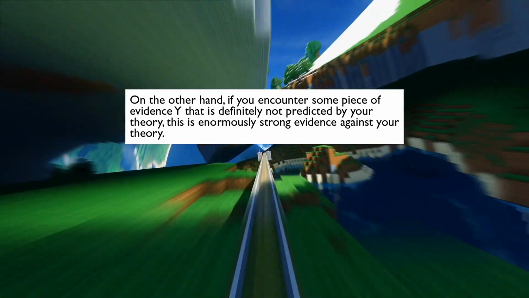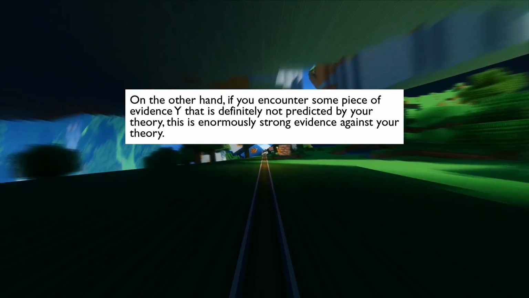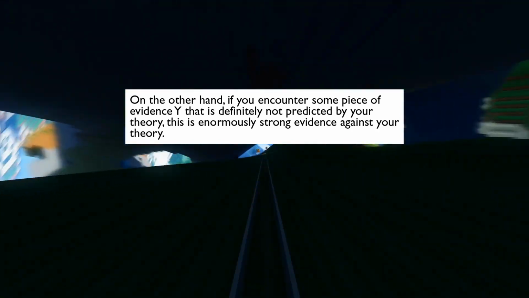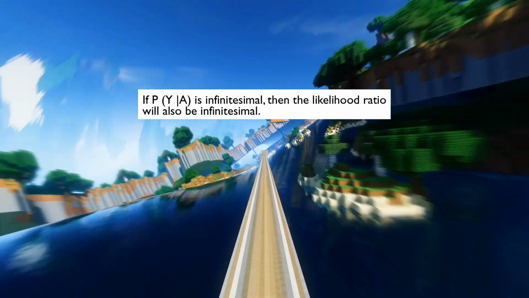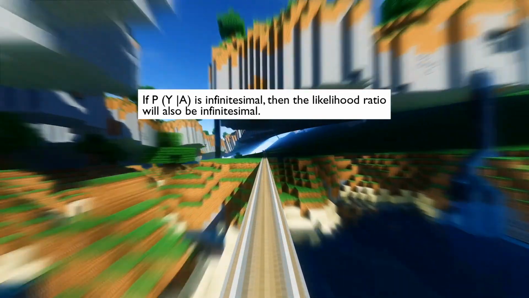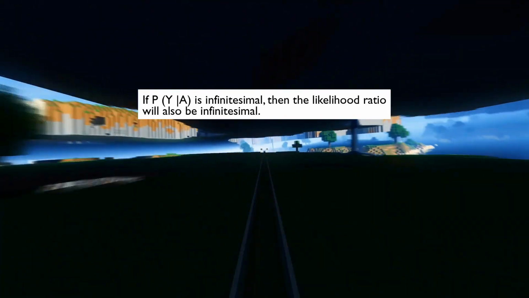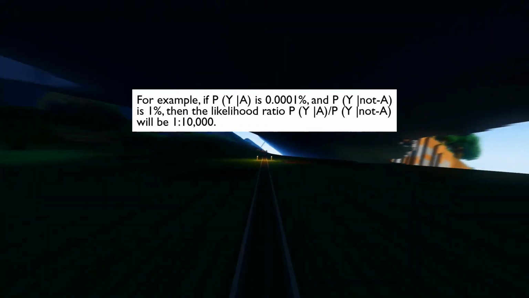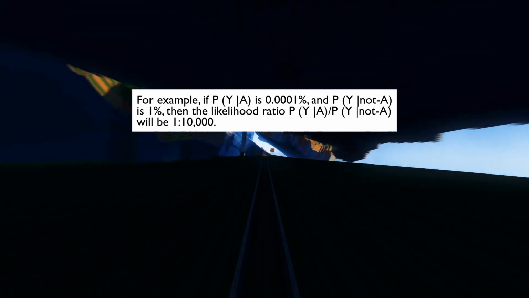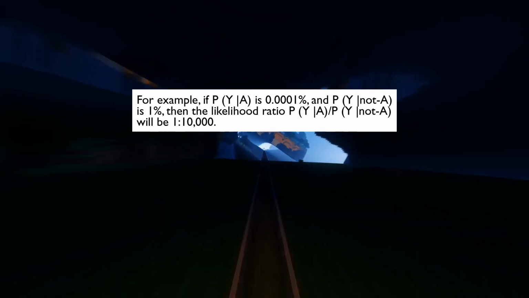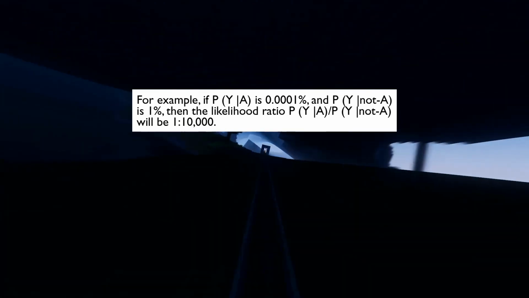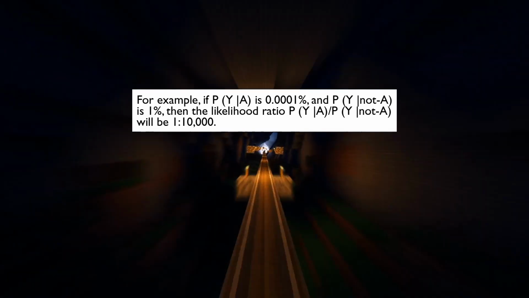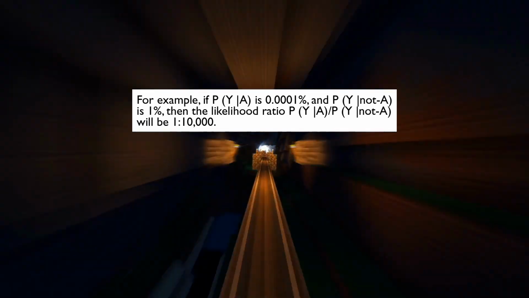On the other hand, if you encounter some piece of evidence Y that is definitely not predicted by your theory, this is enormously strong evidence against your theory. If P(Y|A) is infinitesimal, then the likelihood ratio will also be infinitesimal. For example, if P(Y|A) is 0.0001%, and P(Y|not A) is 1%, then the likelihood ratio P(Y|A) over P(Y|not A) will be 1:10,000.